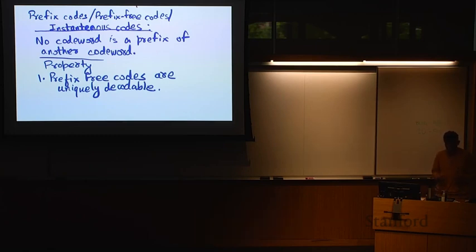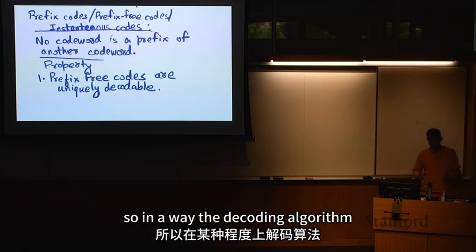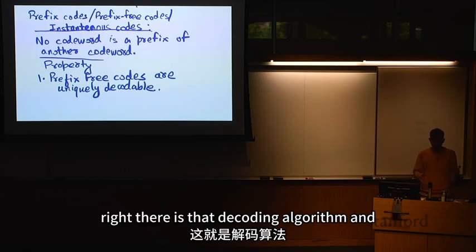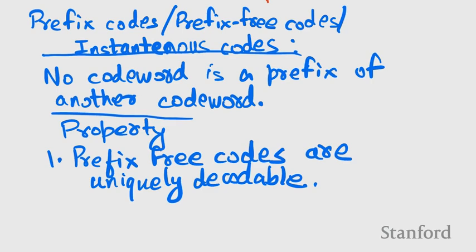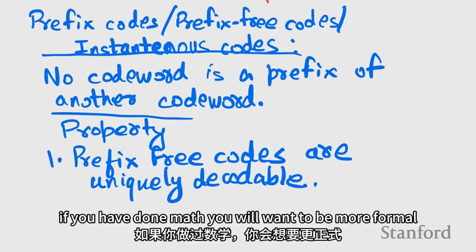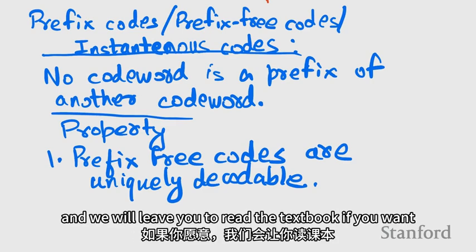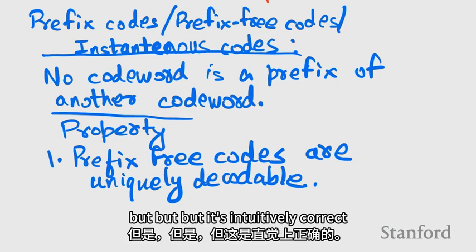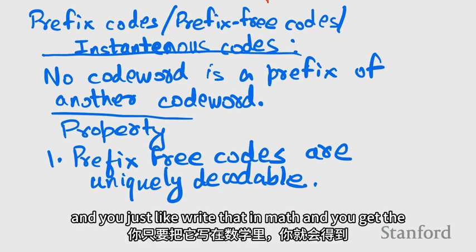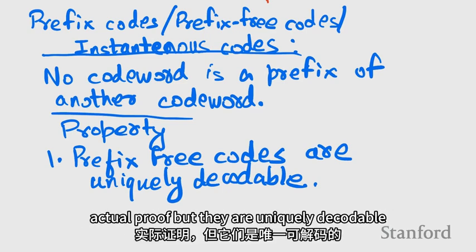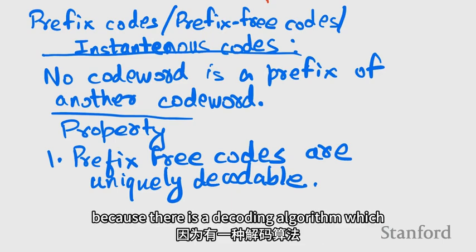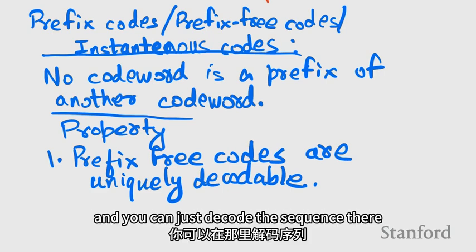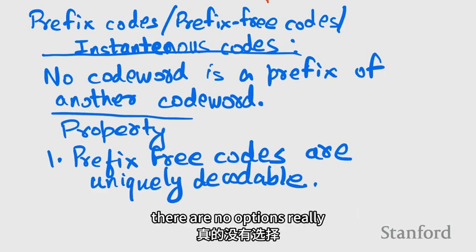So in a way, the decoding algorithm proves that it's uniquely decodable. If you have done math, you will want to be more formal, and we will leave you to read the textbook if you want very formal proofs. But it's intuitively correct, and you just write that in math and you get the actual proof. They are uniquely decodable because there is a decoding algorithm with no confusion. You start from the beginning and you can just decode the sequence. There are no options really.